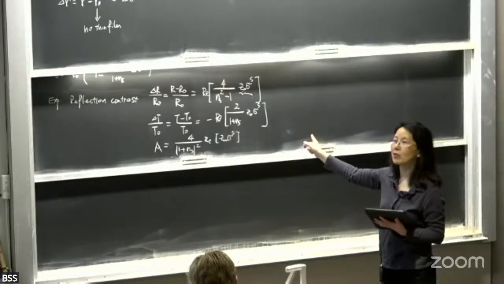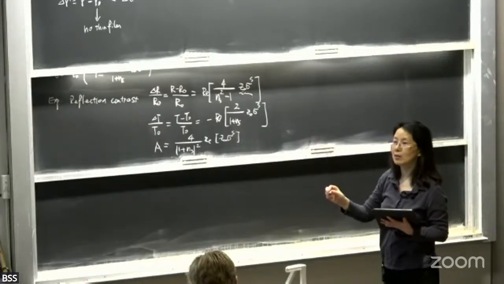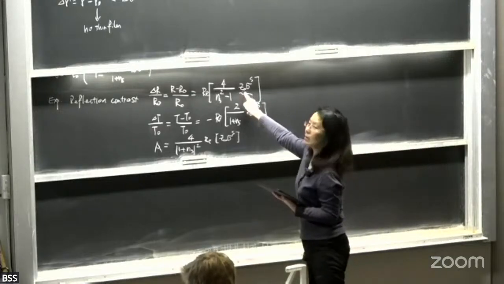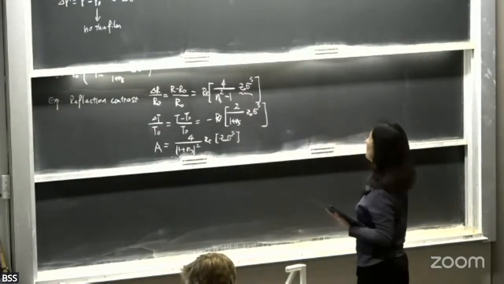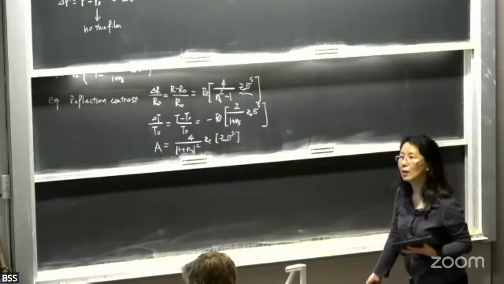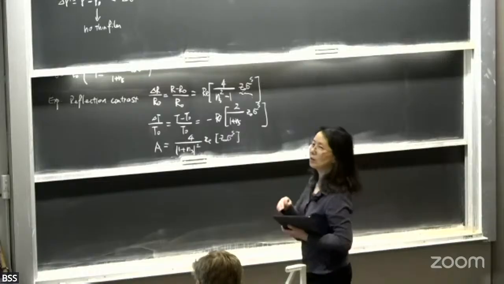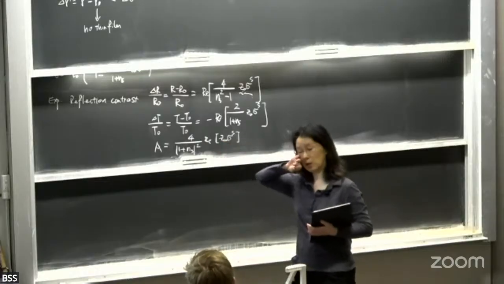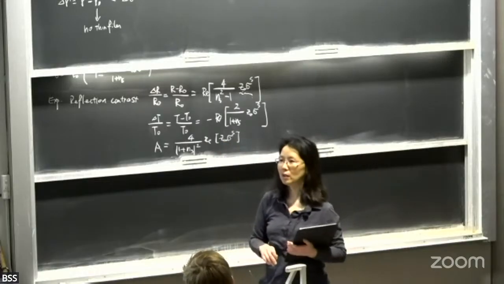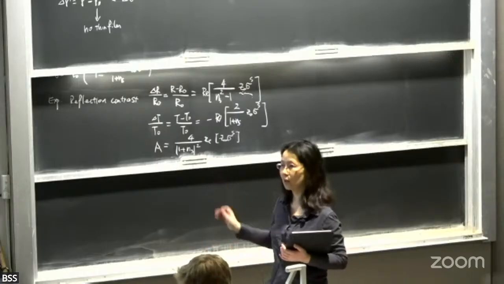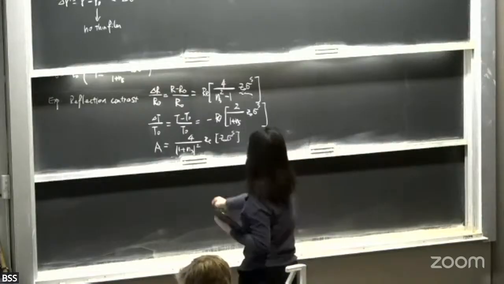So the real part of that is 0. You agree with me? Right, but the formula for R naught and for R. No, nothing will change if you just replace the index of your sample and the substrate to be the same.